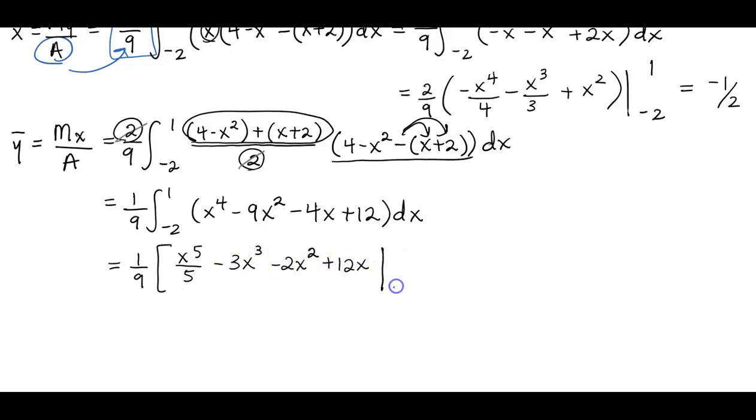And I will evaluate this from -2 to 1 to get the y-coordinate for the centroid, where the center of mass is 12/5. So our final answer is that the centroid of this region is -1/2, 12/5.